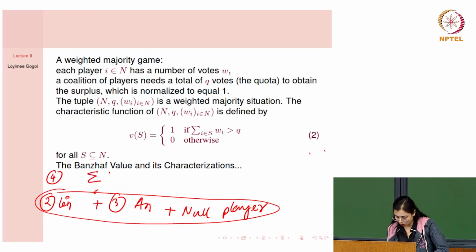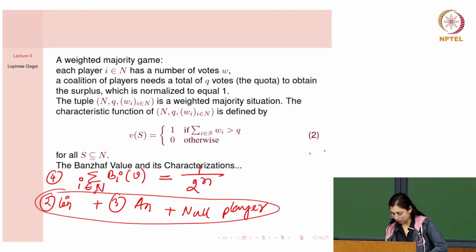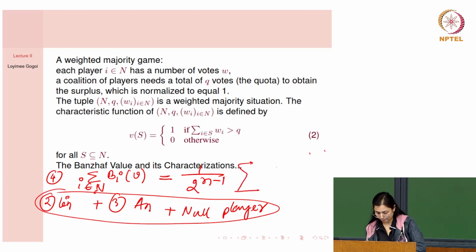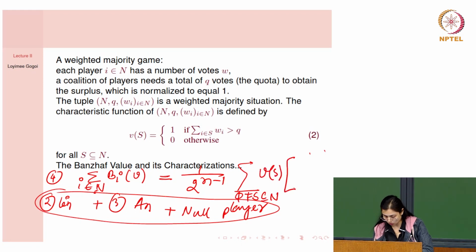The sum of all the Banzhaf indices for all players is 1 over 2 to the power n minus 1, summation over all S a non-empty subset of N, of v of S times the number of players in S minus the number of players in N minus S.